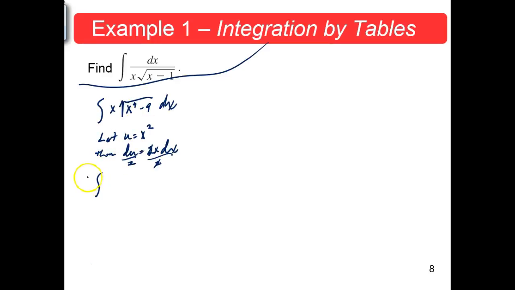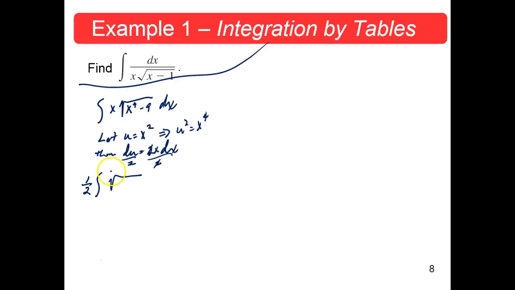Getting this into, put the 1/2 on the outside, and then you have the square root of, and if u is equal to x squared, then that would lead u squared to be x to the 4th, right?